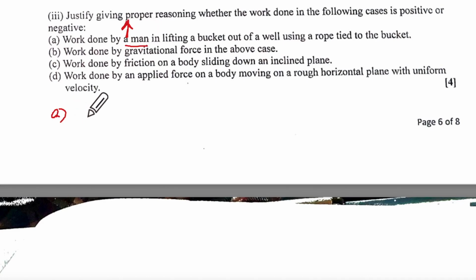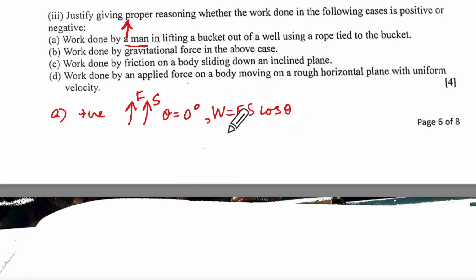So for A, it will be positive. Force like this and displacement also like this, so theta is equal to 0 degrees and then W is equal to Fs cos theta. So that is Fs into cos 0, that is 1, which is equal to Fs.